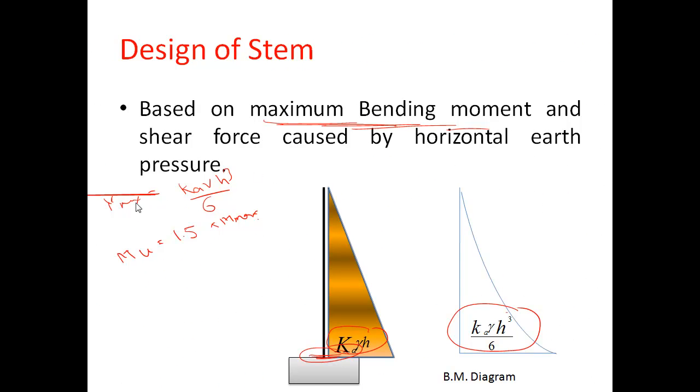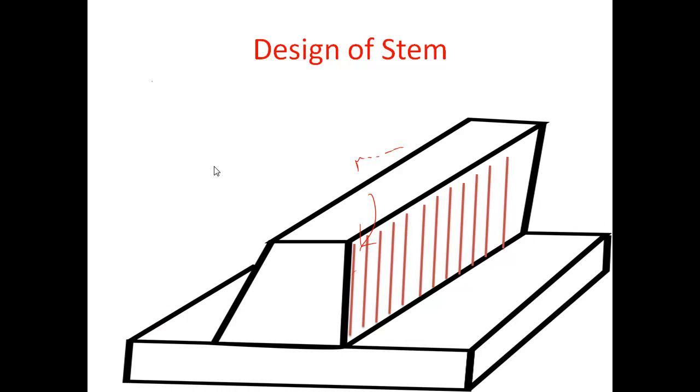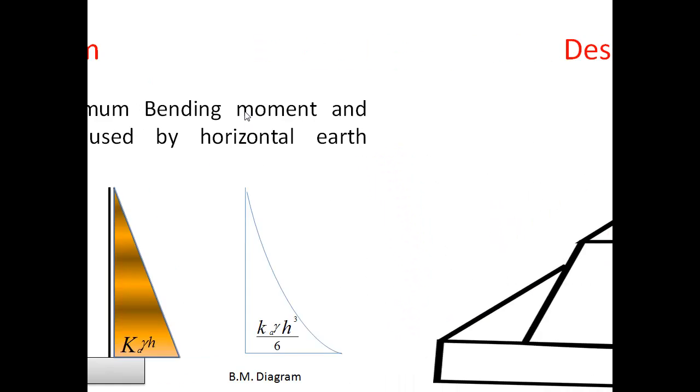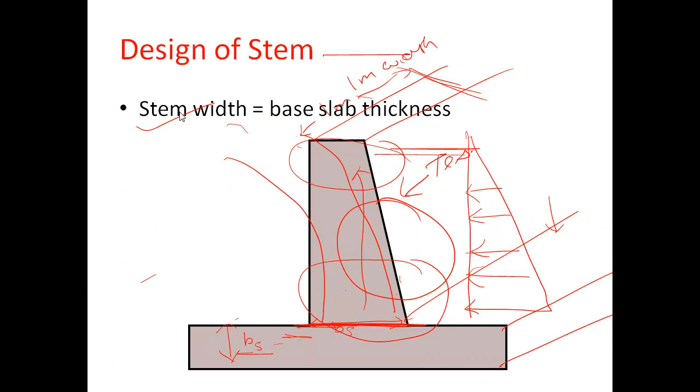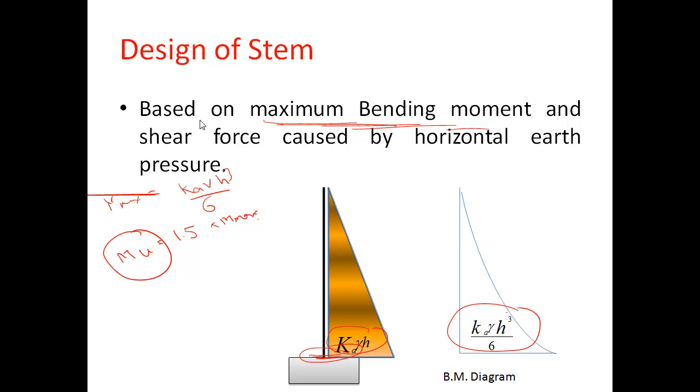We will take this design bending moment, and first of all we will find out whether the initial stem width we have taken is correct or needs to be changed.